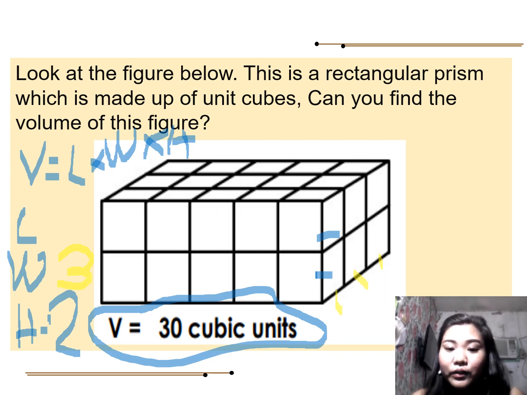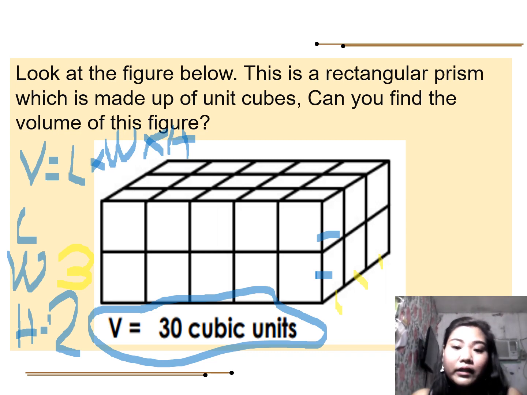And the length, which we count: 1, 2, 3, 4, 5. So we have 5 for the length. The length is equal to 5 units.